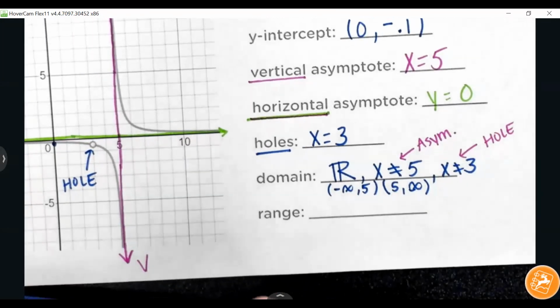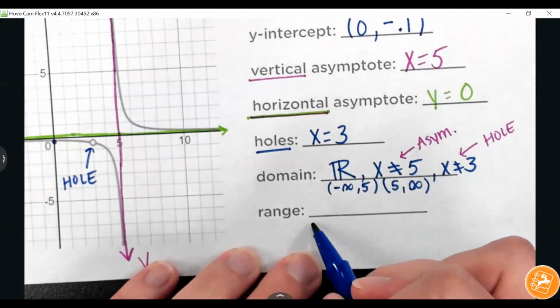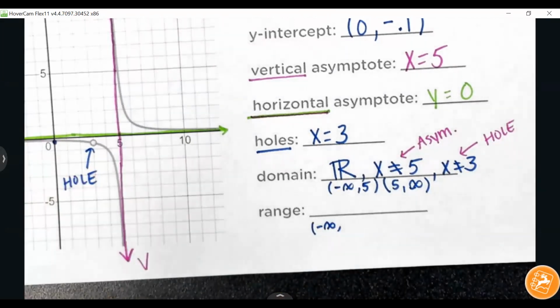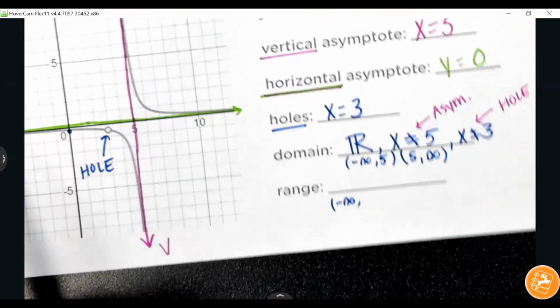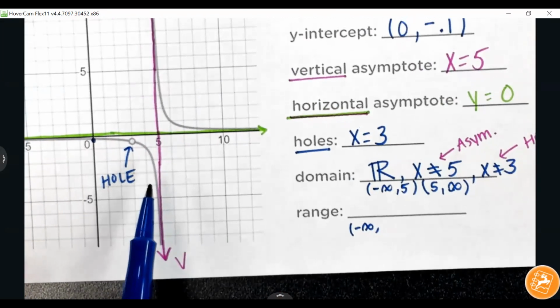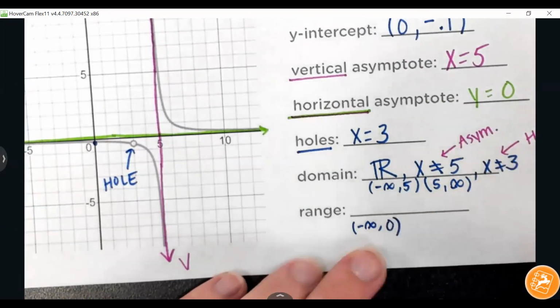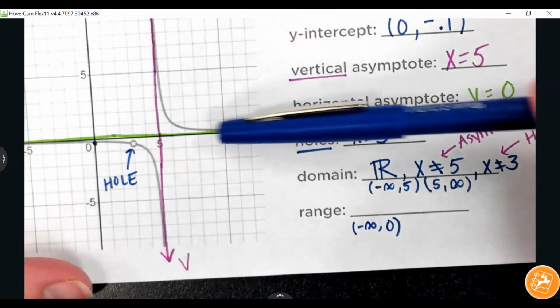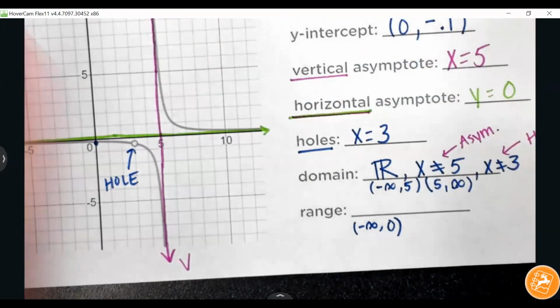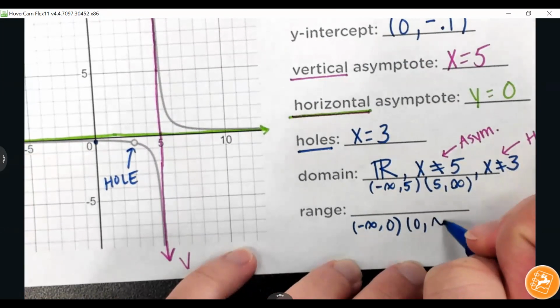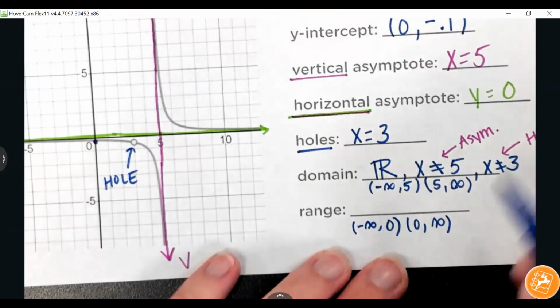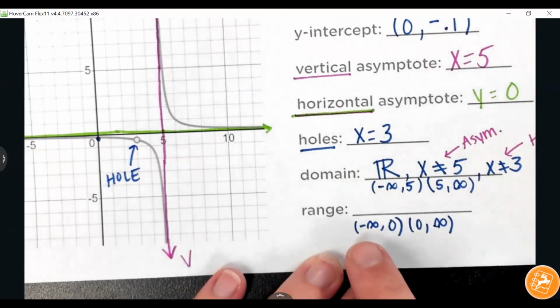Let's go do my range. So if I start at the bottom, I'm going to have negative infinity. And just the bottom graph, where does my bottom graph start at? At 0. And then if I look at my second graph, it starts at 0 and it goes all the way to infinity. So how could I write this?